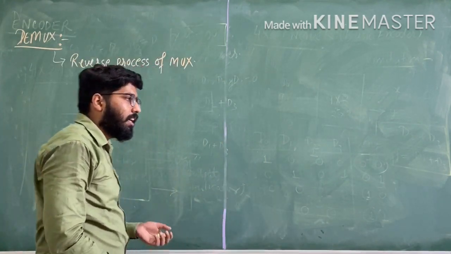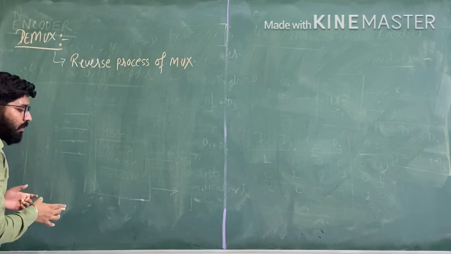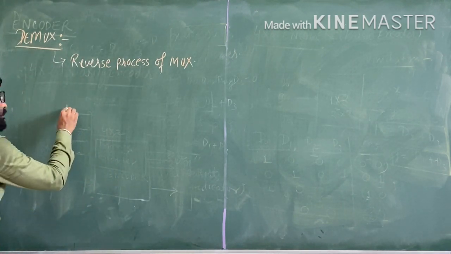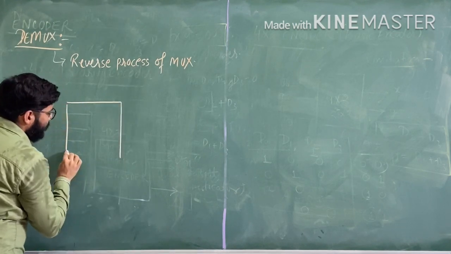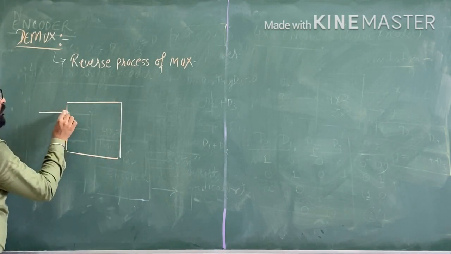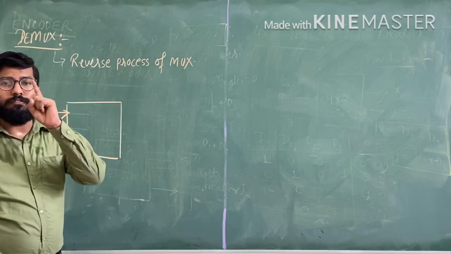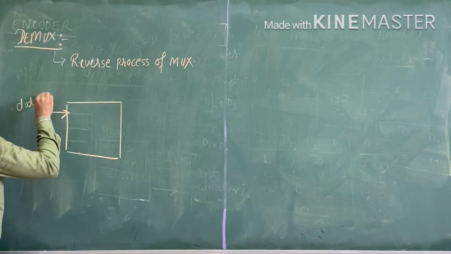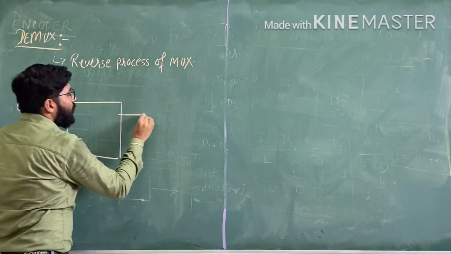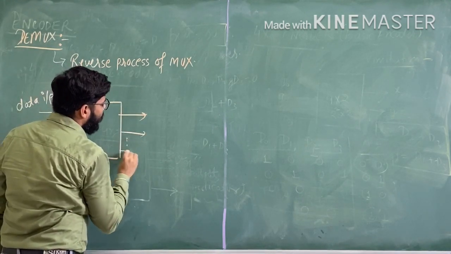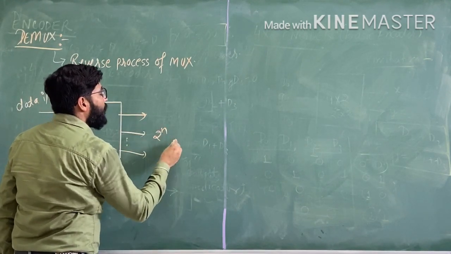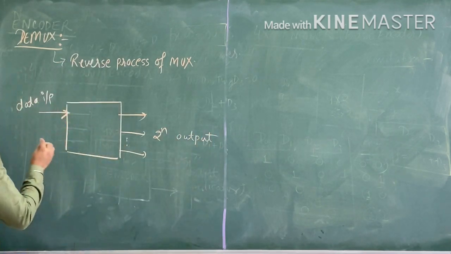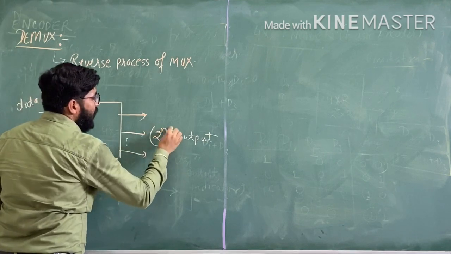In the mux we have many inputs and one output, but in the demux we have only one input. Suppose this is the data input and we have 2 raised to the power n outputs.